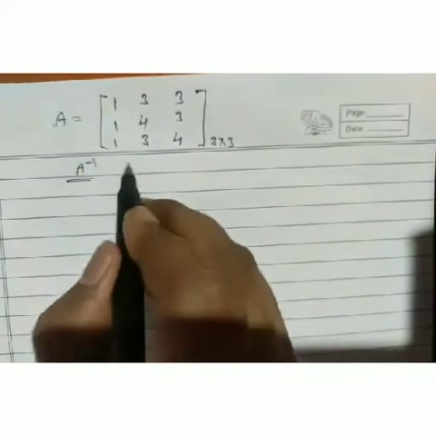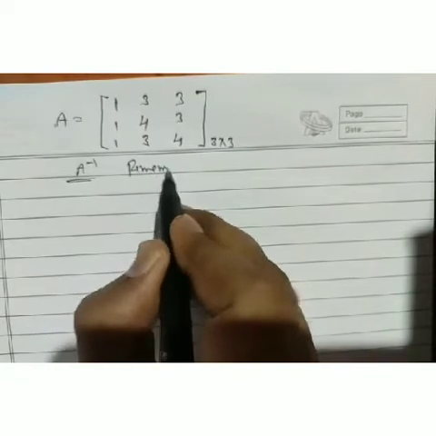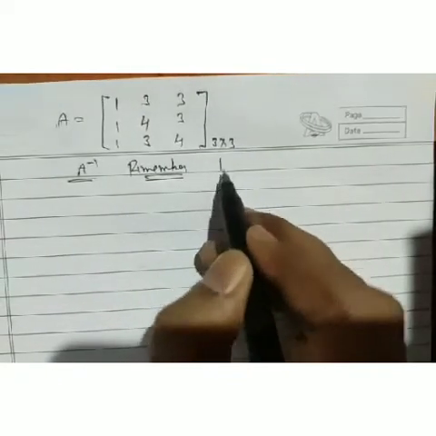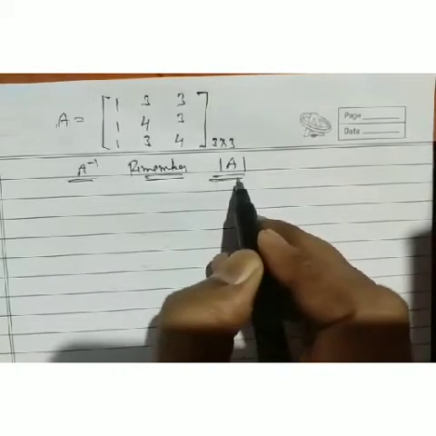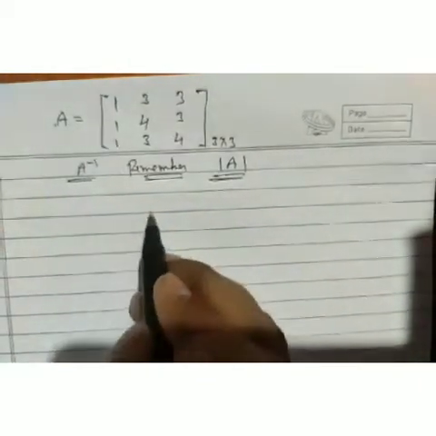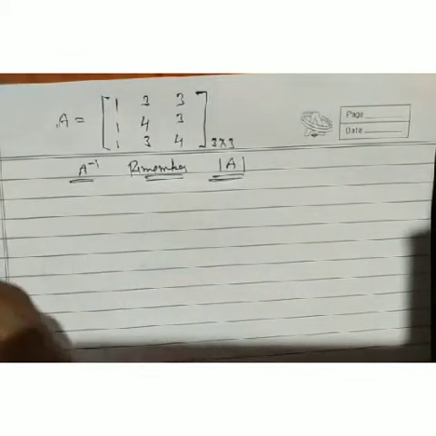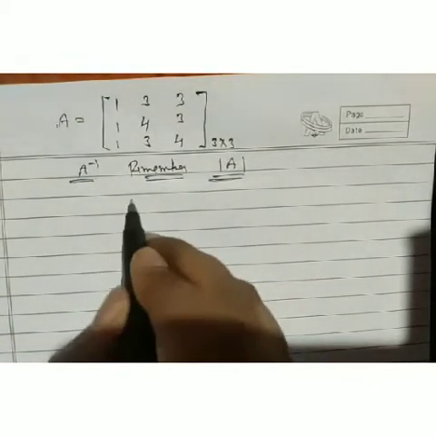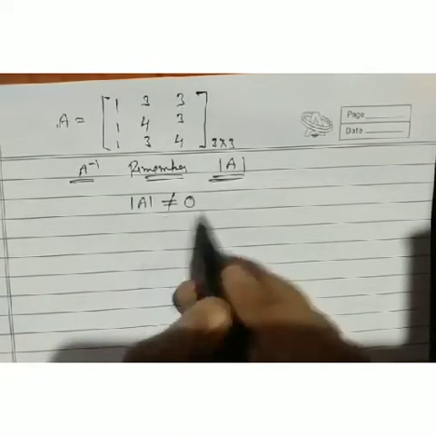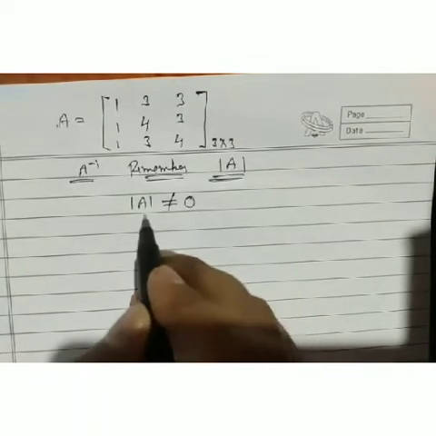First step, what do we have to do? Always remember that in the first step we have to find its determinant value, because we have to check whether its inverse exists or not. I always explained in my last video that the determinant of A should be non-zero. It may be positive, it may be negative.